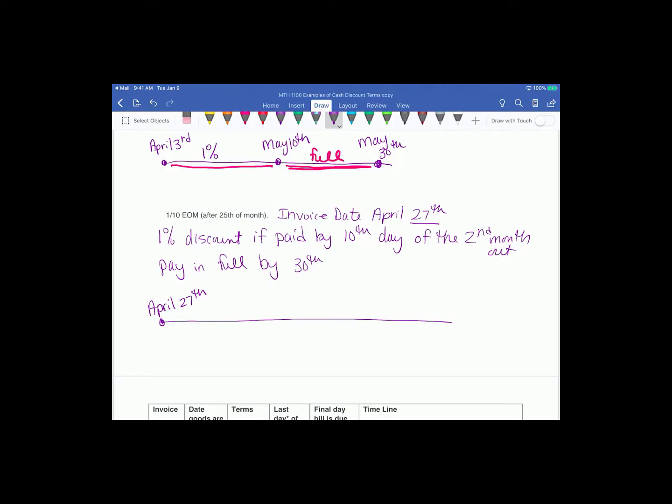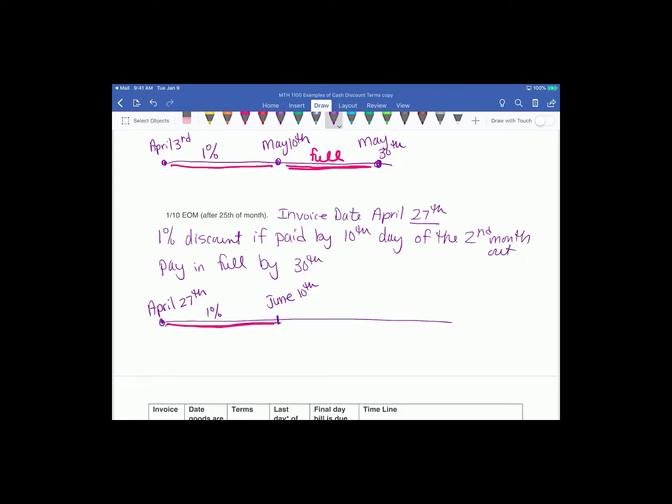So the next month would be May. The month after that would be June. So my discount period would end on the 10th day of the second month, which would be June. So if I pay anywhere between April 27th and June 10th, that's going to be my discount period. That's when I get the extra 1%.